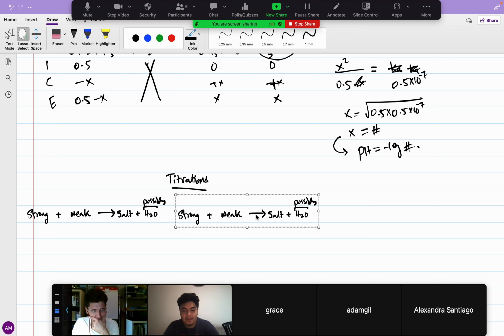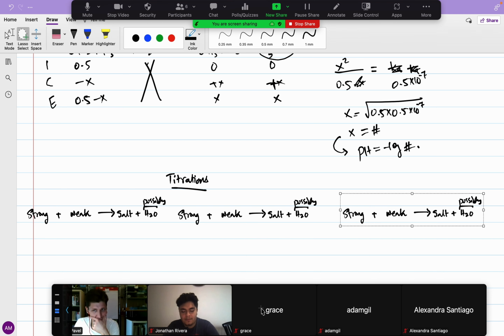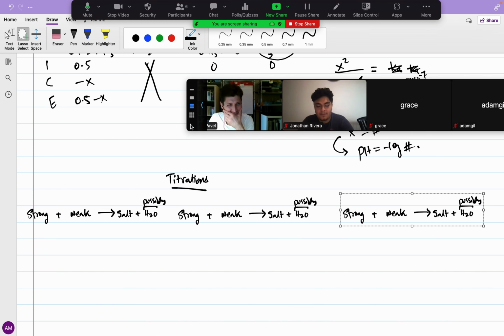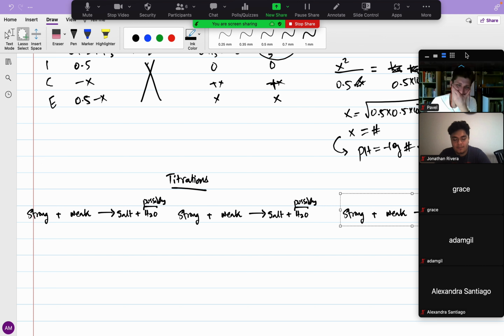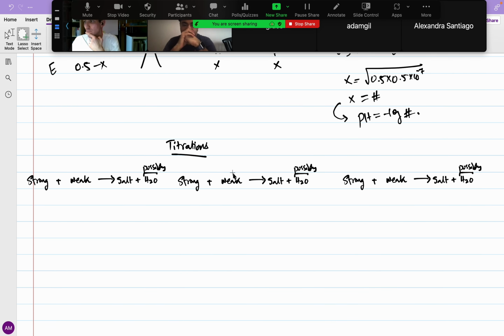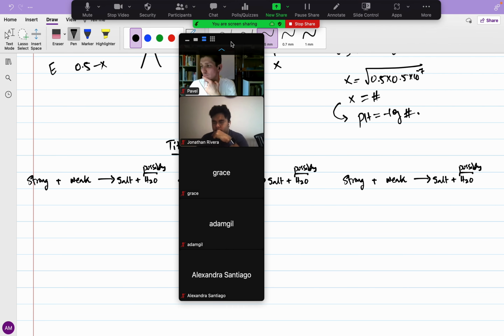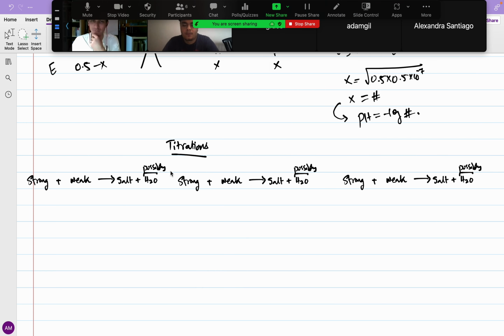And these are the only 3 possibilities that you can have for titrations.